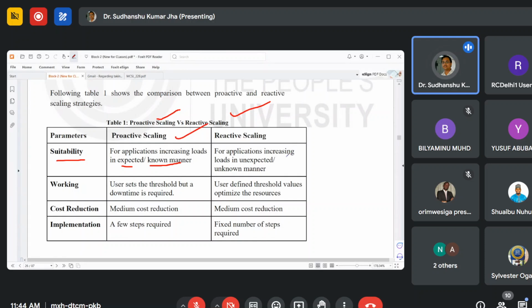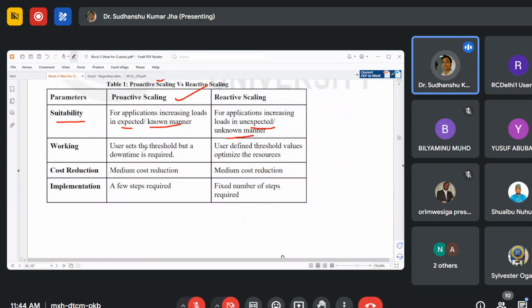Whereas in reactive scaling, the application increases the load in an unexpected or unknown manner, a sudden spike in the workload, a lot of workload, and after a few minutes or hours, minimum workload. In that case, we may go with reactive scaling. Whereas when the workload is expected, meaning you can predict how much workload is coming in the next 2 hours, then you can go with proactive scaling.